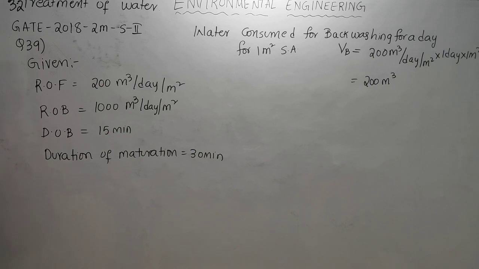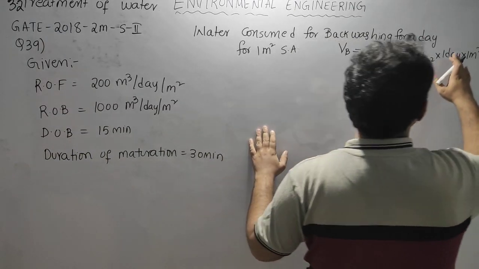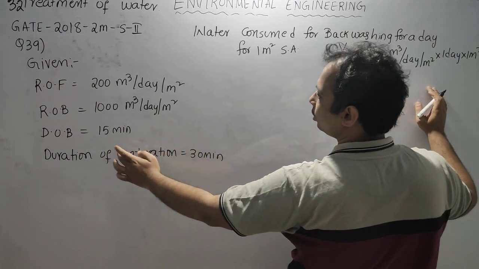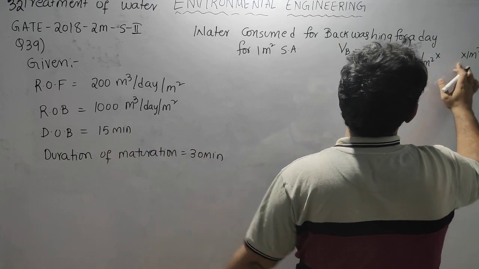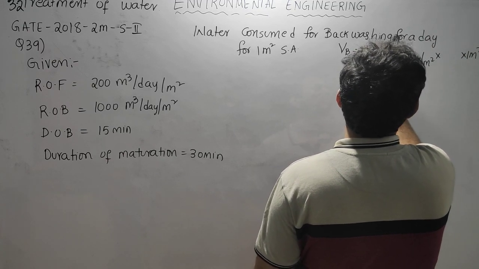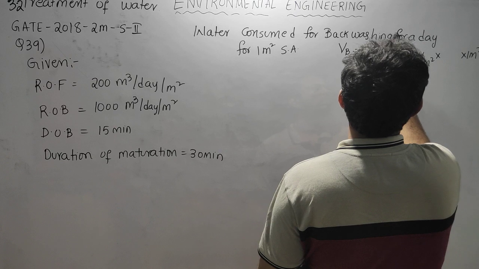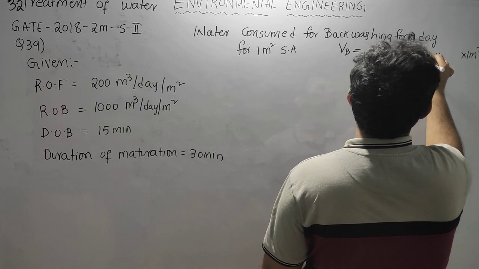Now here, it is for 15 minutes. We are not going to take a complete day because we are doing backwashing for 15 minutes only. Let us convert this into minutes first: 24 into 60 minutes, into 15 minutes.